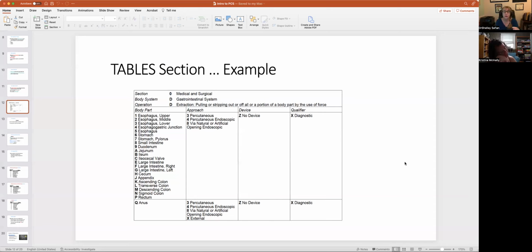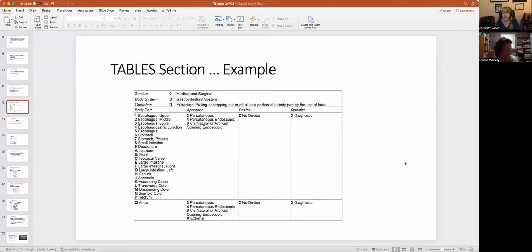The next character, the fifth character, is going to explain the approach, which is how did the doctor get from outside the body to the organ or location in the body upon which the procedure is being performed. Okay. And then the sixth character is going to be a device.